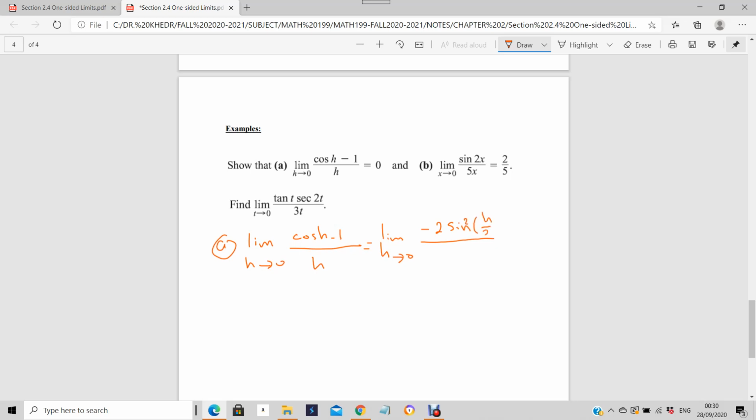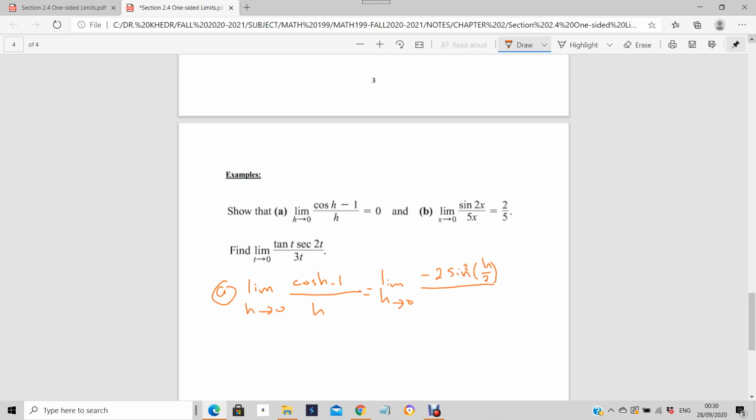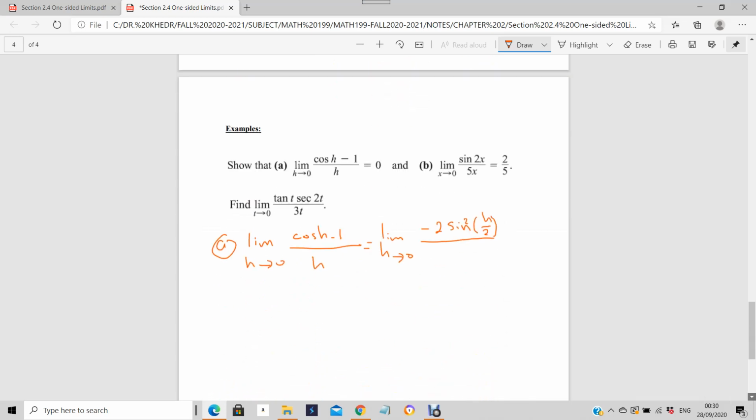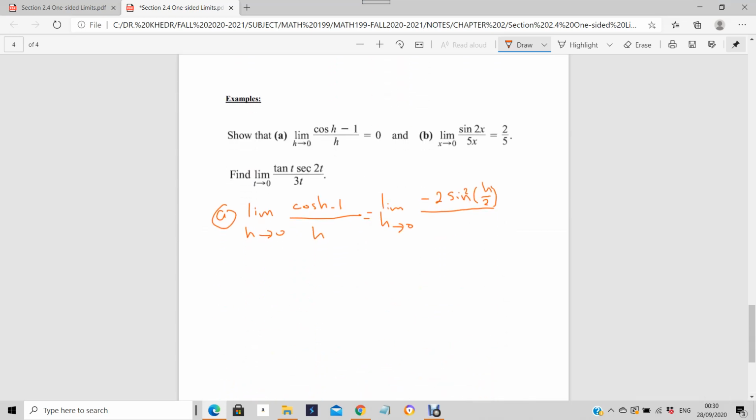Be careful, h over 2 is inside the sine. Okay? So minus 2 sine square h over 2. If you move 1 to the other side, it becomes cosine h minus 1, which is equivalent to minus 2 sine square h over 2. And at the bottom here is h.